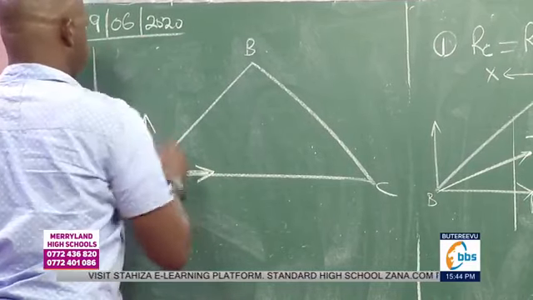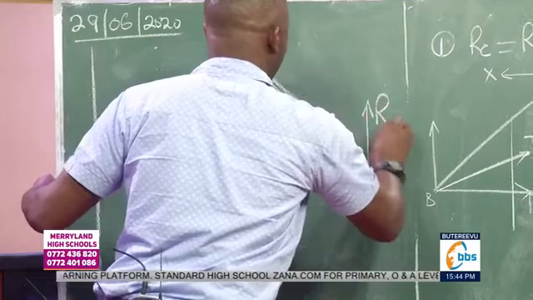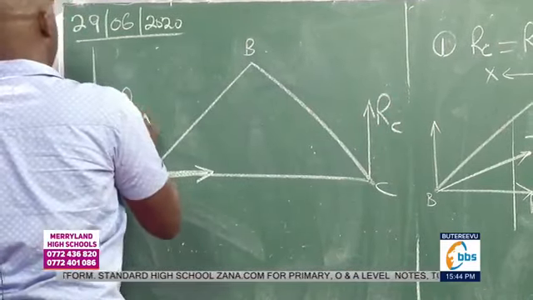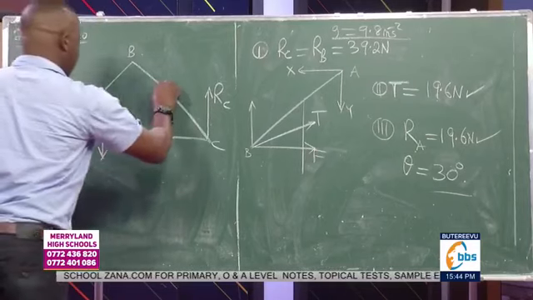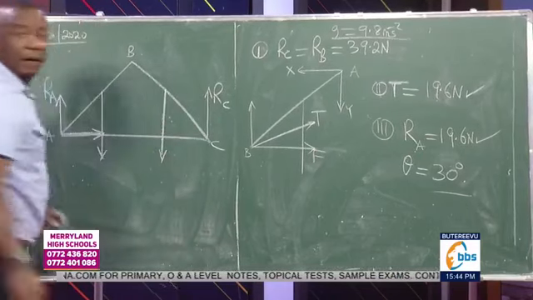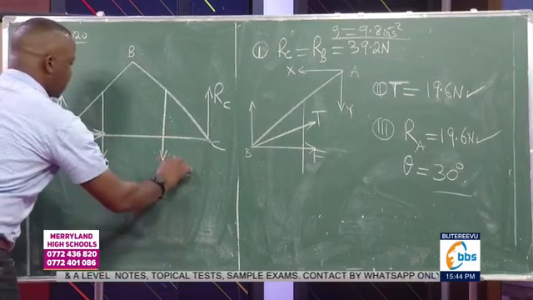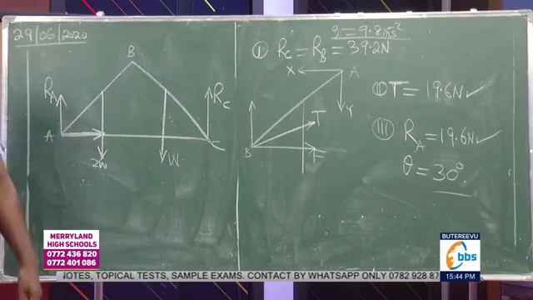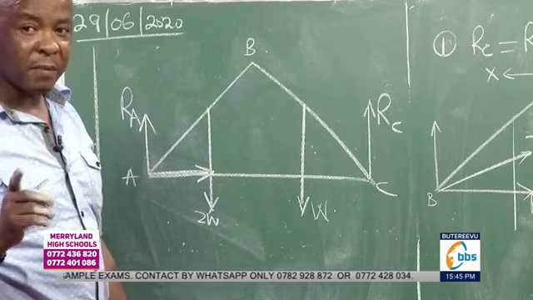If we are to indicate the forces acting, call this reaction RC, call this RA. They indicate the weights, 2W over here and W over here. AB and BC have the same length.